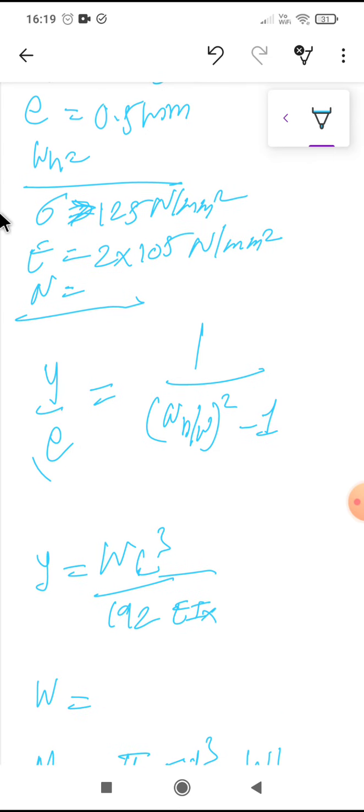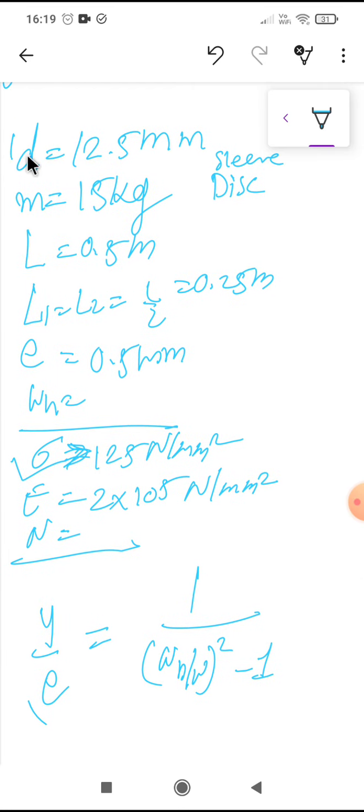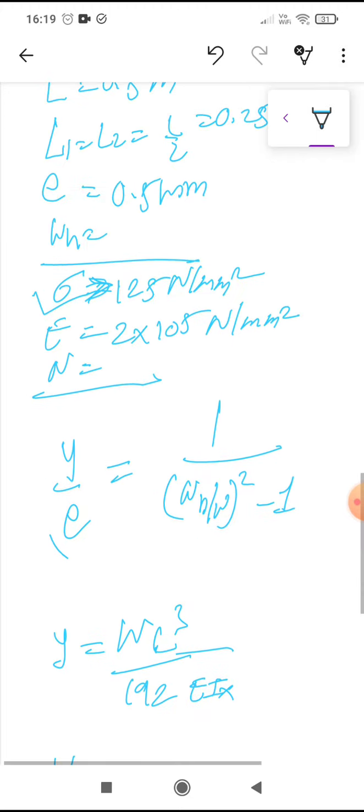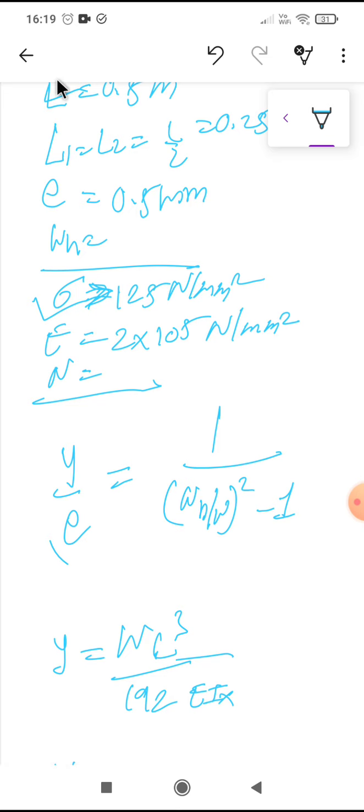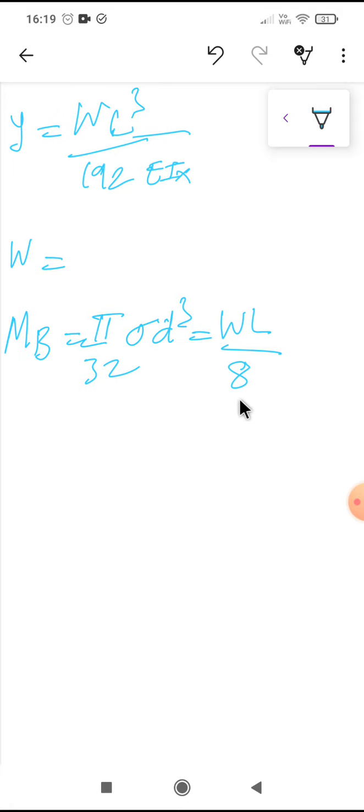Yes. Do we have D? Yes. Do we have L? Yes, it is 0.5. So we can find W here because all the terms are known. The W value will be equal to 383.495 Newton. After we get W here, I'm just writing it above.